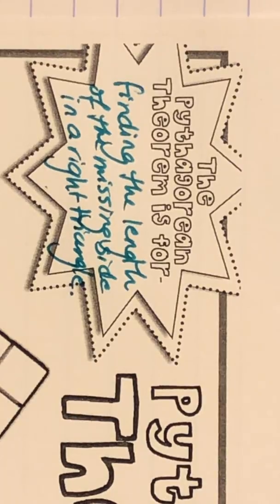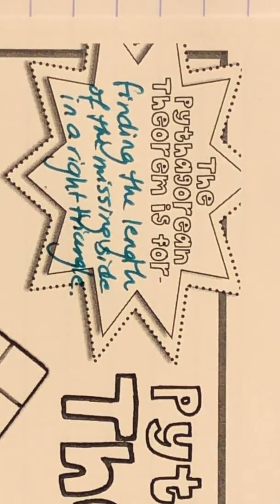The Pythagorean theorem only works for right triangles. Remember, a right triangle has to have one right angle.